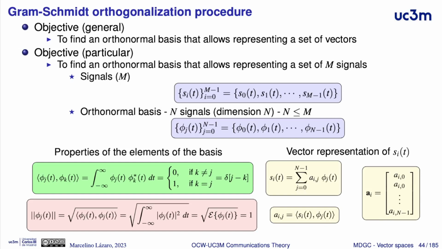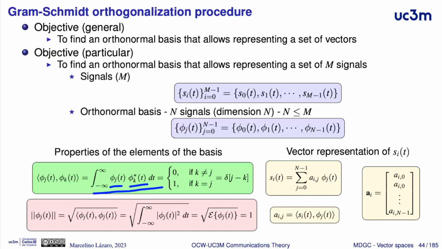For continuous time signals, the definition of the inner product that is appropriate for the purpose of the design of a digital communication system is the integral of the product of the first signal times the second one complex conjugated in the case of complex signals.